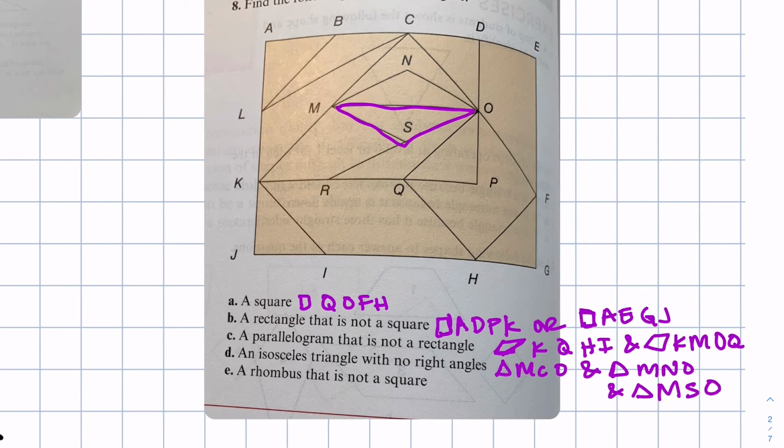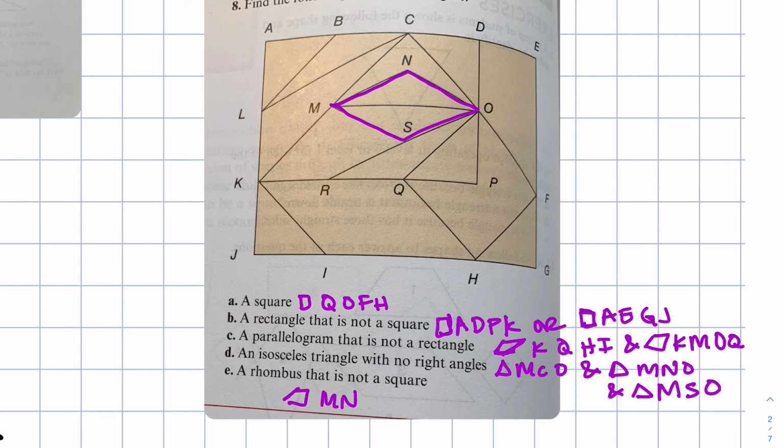S, O. Okay, and the last example wants us to find a rhombus that is not a square. Okay, well, let's see, erase this. This guy is a rhombus that is a square. So we need equal length sides, but not right angles. So it looks to me like this one would be a rhombus that's not a square.